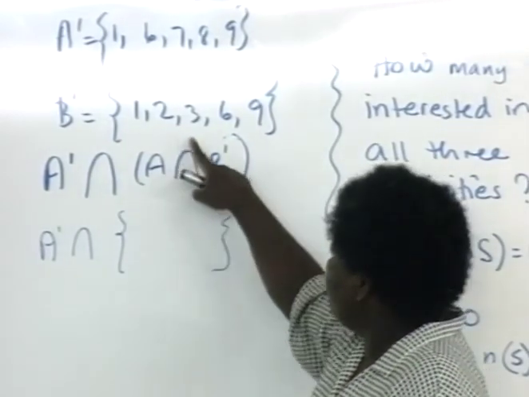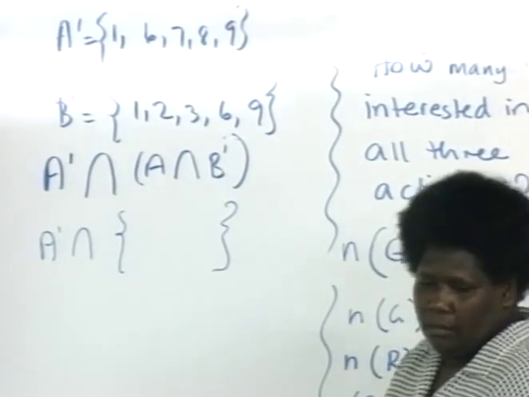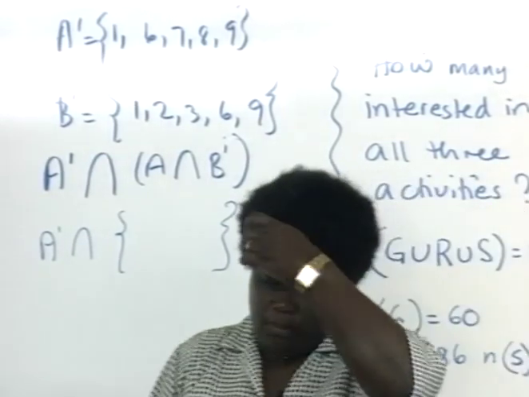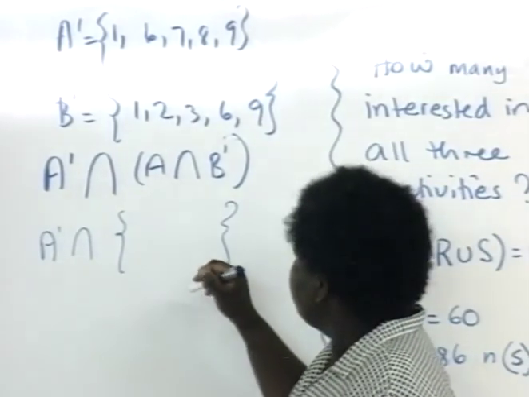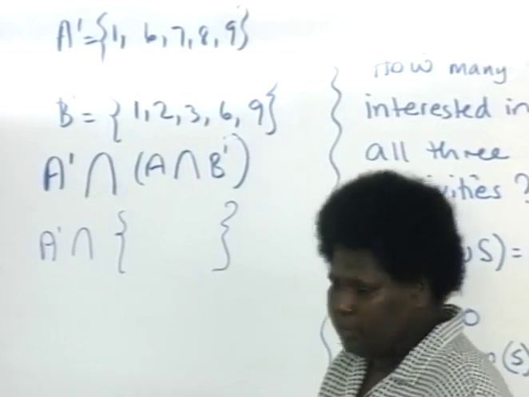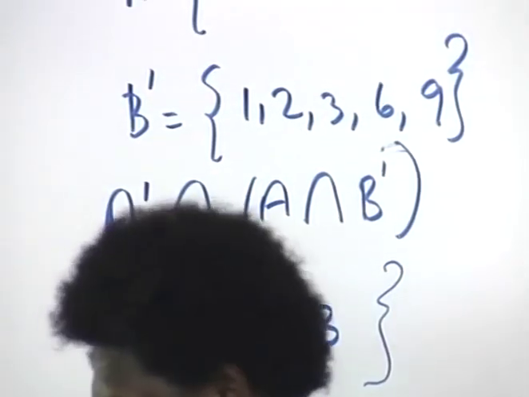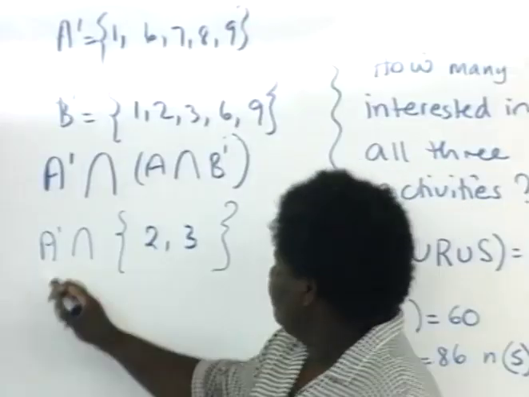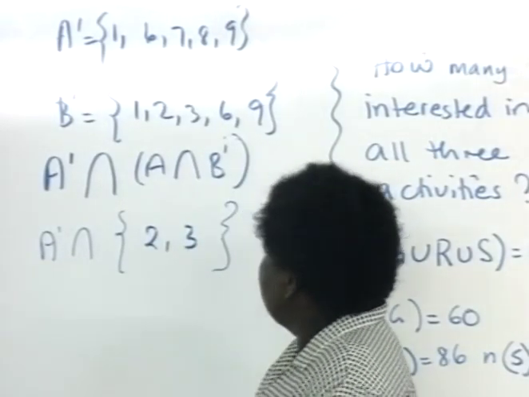The complement of B is 1, 2, 3, 6, and 9. So A intersection the complement of B will be 2 and 3, only those 2. The complement of A is 1, 6, 7, 8, and 9.